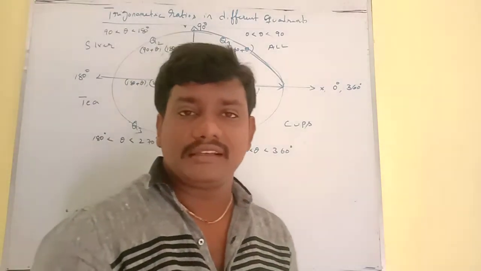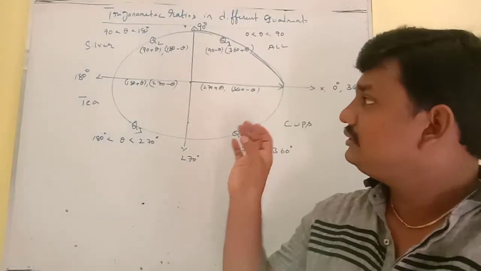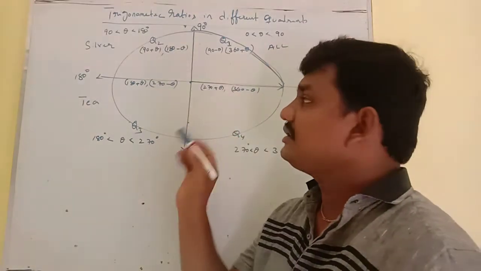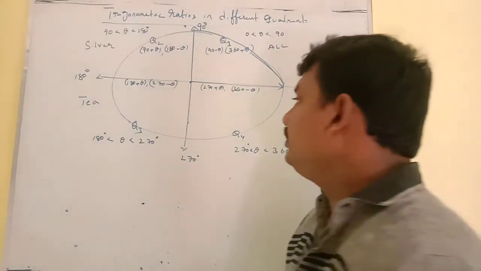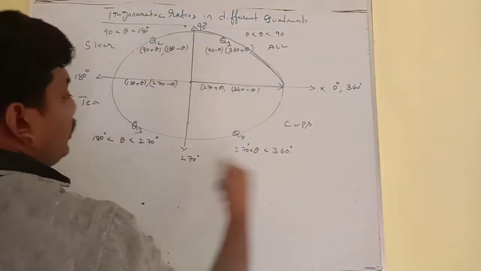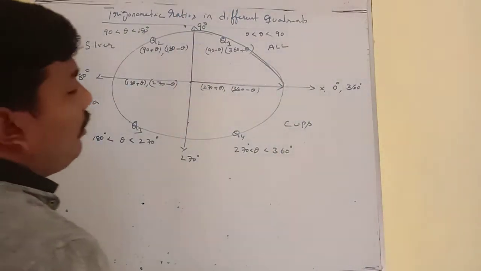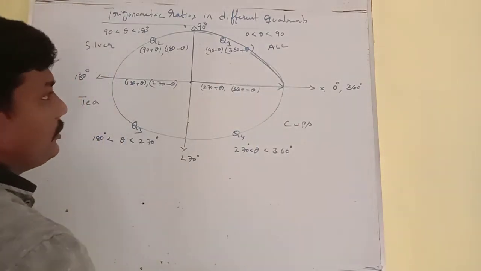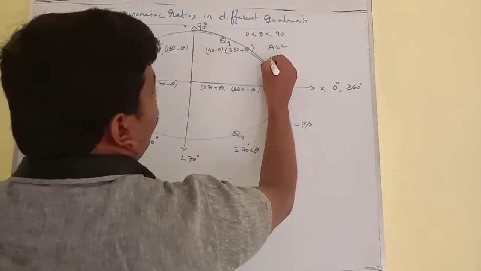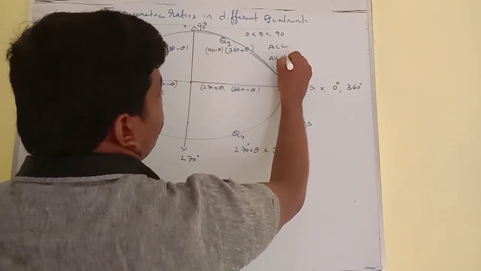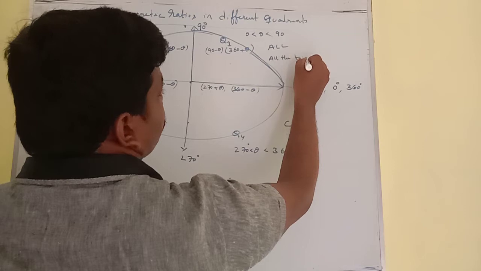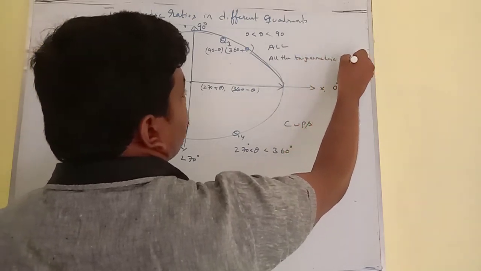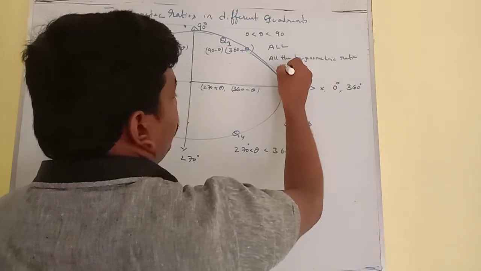The phrase is used only for an easily rememberable, easily understandable concept. So all silver tea cups, famously we are going to use. This is all, which means all the trigonometric ratios are positive. Here all the trigonometric ratios are positive.